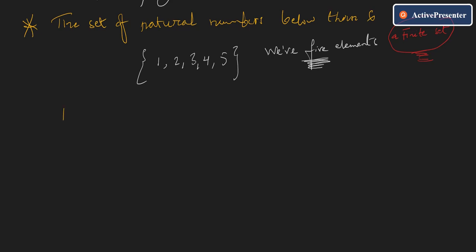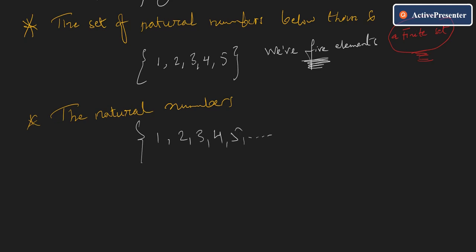What about if we say the natural numbers? We know the natural numbers are 1, 2, 3, 4, 5, but the number of elements we don't know.